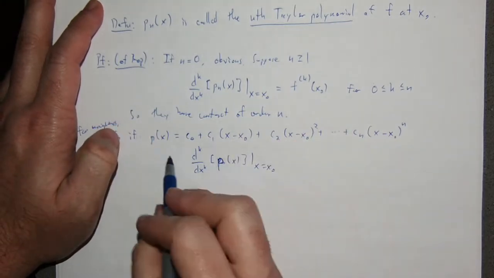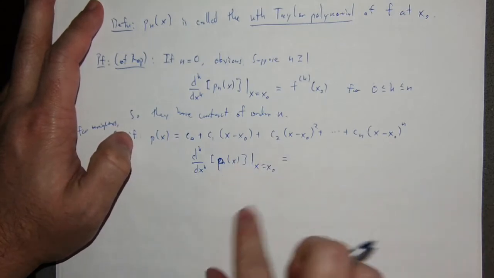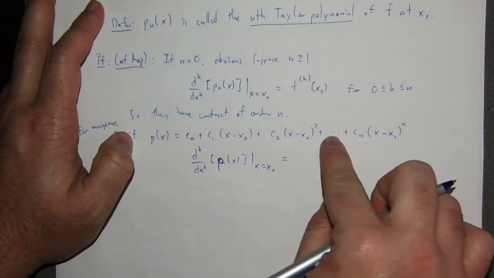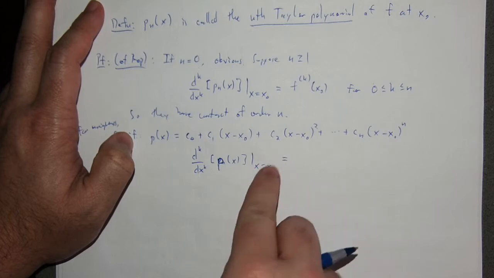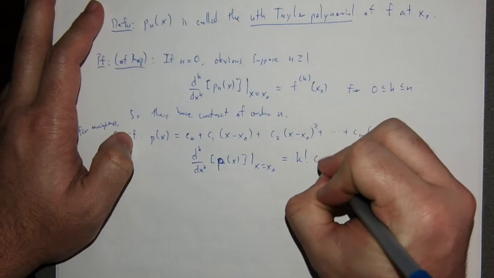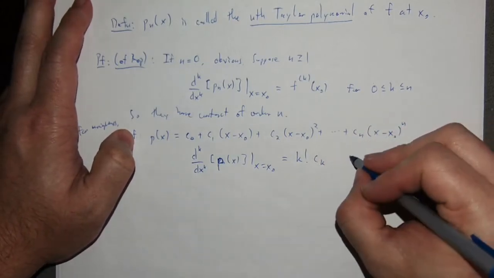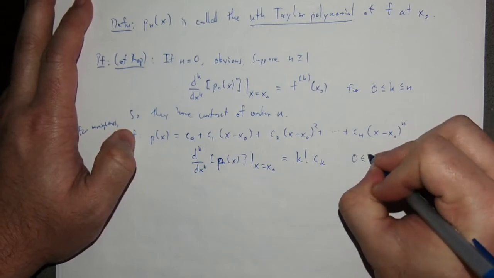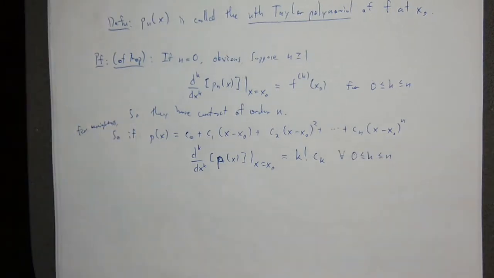So I take the kth derivative of this thing. What do I get? Evaluating at x equals x naught, all the terms greater than k in degree are going to be zeroed out by this evaluation. So the only thing that I'm going to get here is k factorial times the kth coefficient. Oh, but wait, that's exactly what I expect it to be. So this is true for all k between 0 and n.